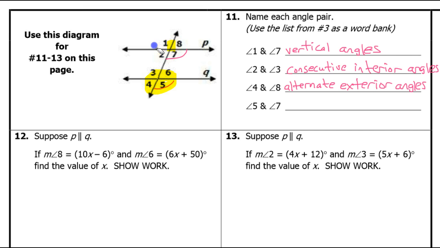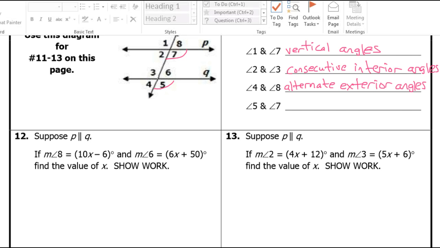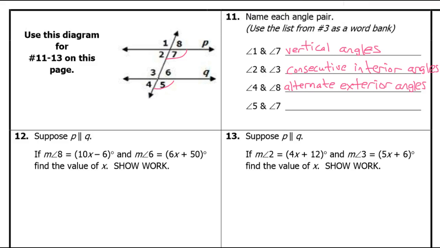Or in later units, we talked about how there's a letter F in here. When I first taught this, I never mentioned the F, but I mention it these days, so maybe I'll mention it now. Do you see the F right here, guys? Boom. When you have an F and the angles are in the corners of the F, that's another way of knowing that these are corresponding angles.